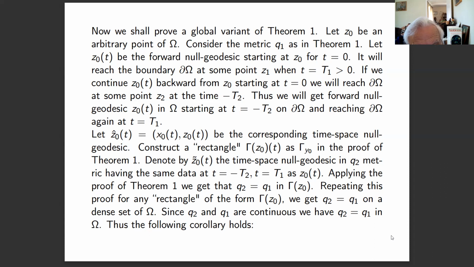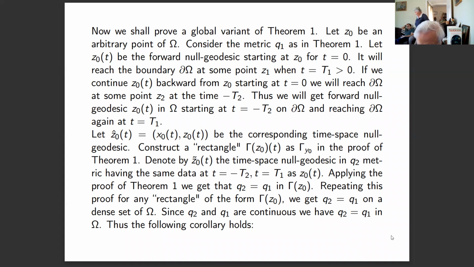And applying the proof of theorem 1, we get that Q2 equals Q1 in this rectangle gamma of Z2. Repeating this proof for any rectangle of this form, we get that Q2 minus Q1 equals 0 on a dense set in omega. Since Q2 and Q1 are continuous, we have that Q2 minus Q1 equals 0 on the whole omega.